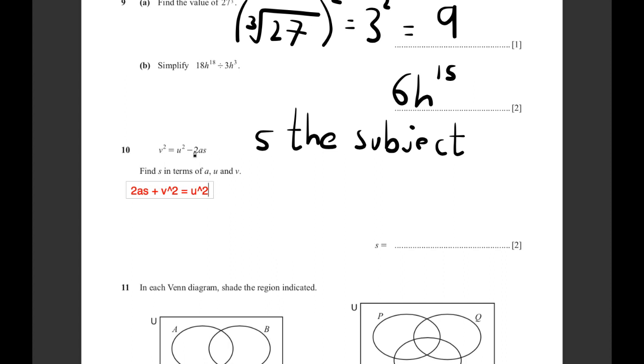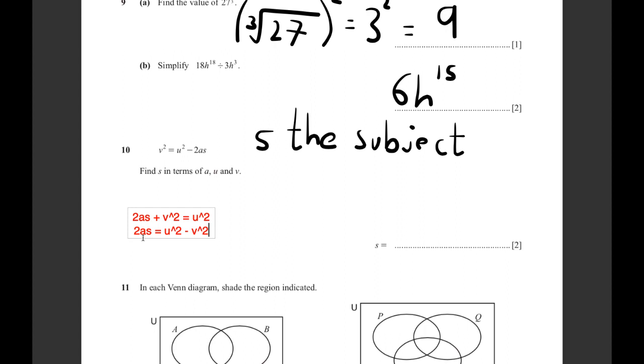Okay, so I've just added 2as to both sides of the equation, so it has the effect of this coming here and being positive. Now I'm going to take this v squared and bring it to the other side by minusing v squared. So I get, and let me drag this down slightly, 2as is equal to u squared minus v squared. So again, I'm just fiddling around with it, try and keep everything as positive as I can.